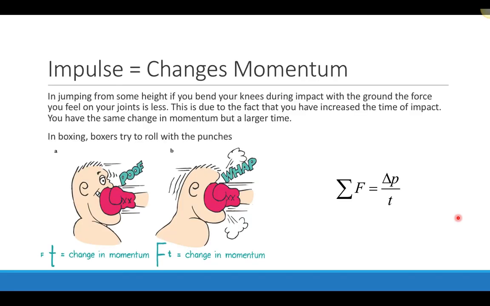So these are just a lot of the same types of examples. If you're jumping from some height, you're better off bending your knees during impact with the ground because you're going to feel less force on your joints, because you're extending that time frame over which you're changing velocity when you sort of give with the impact.